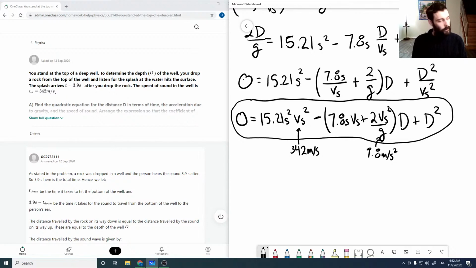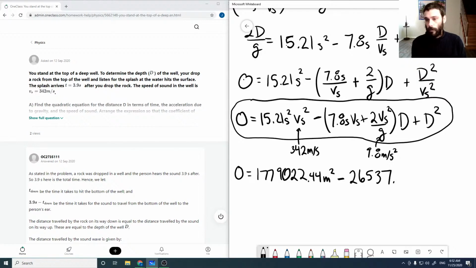With that, the quadratic comes out to be quite messy, but still doable: 2.44 meters squared minus 26,537.804 meters d plus d squared.